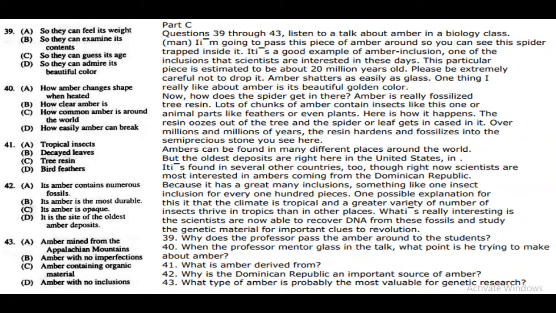Number 41. What is amber derived from? Number 42. Why is the Dominican Republic an important source of amber?